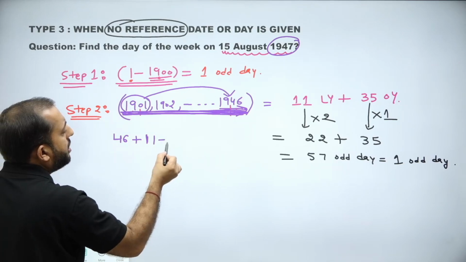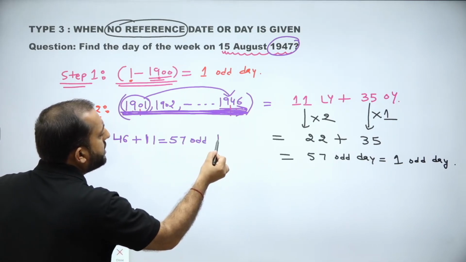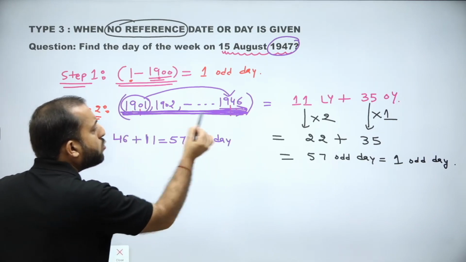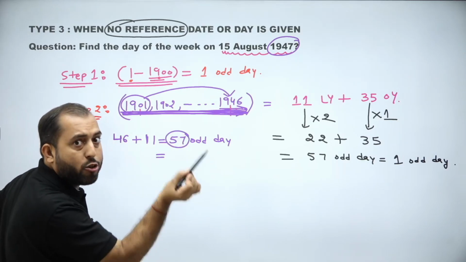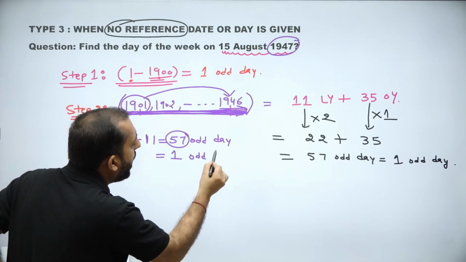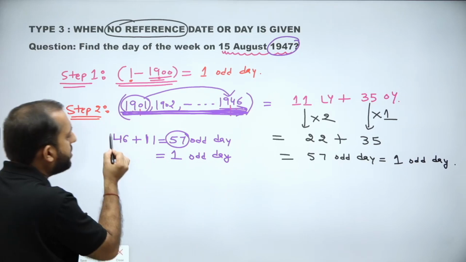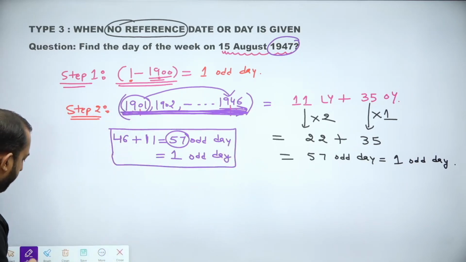It comes out to be equal to 57. So the number of odd days in this range will be 57. Now 57 is more than 7, so divide this quantity by 7 again and write down the remainder. So I have given you two ways for calculating the number of odd days in step number 2.